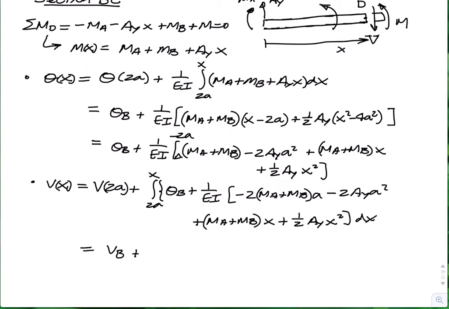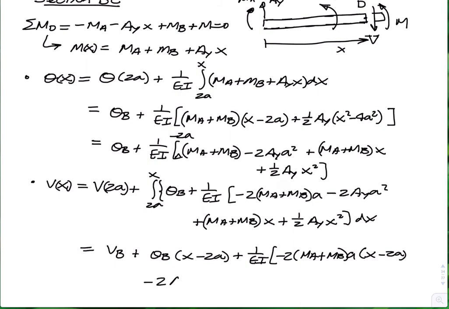So I have a theta b x minus 2a plus 1 over EI minus 2 MA plus MB times a times x minus 2a minus 2AY a squared x minus 2a.